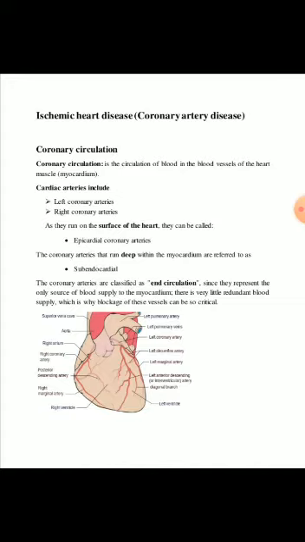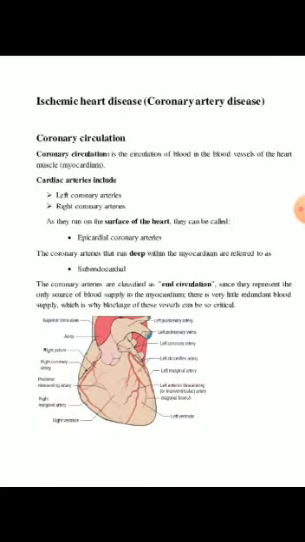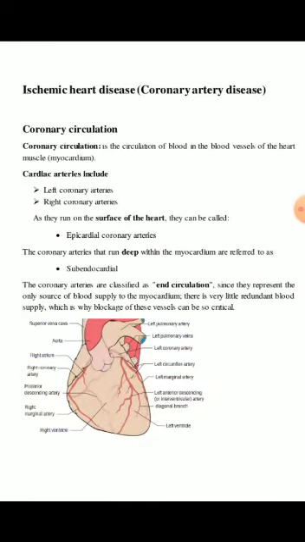So this is the coronary circulation, and it involves the right coronary artery and the left coronary artery. When these coronary arteries run on the surface of the heart, they are called epicardial coronary arteries. When they run deep within the myocardium, they are referred to as subendocardial arteries.